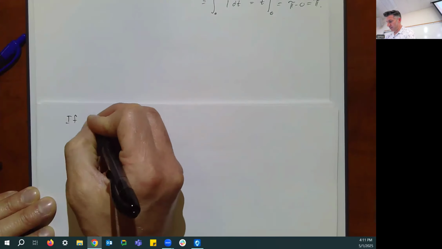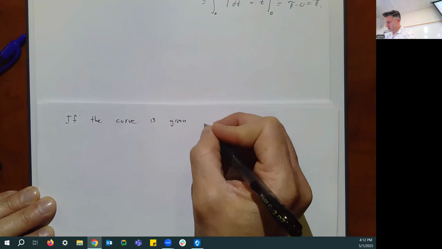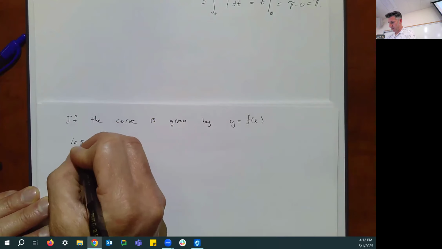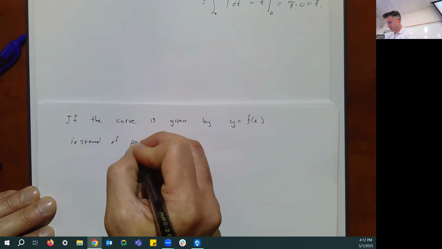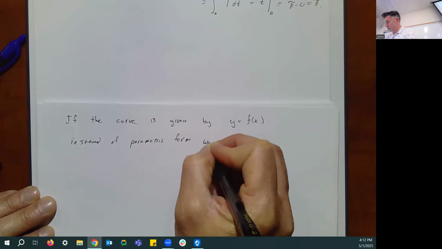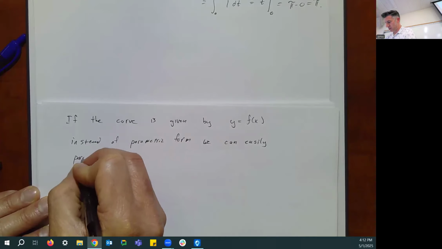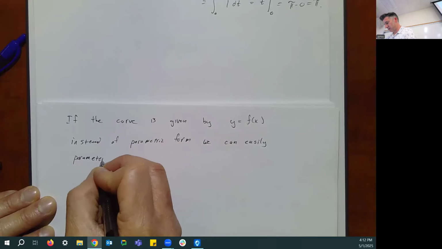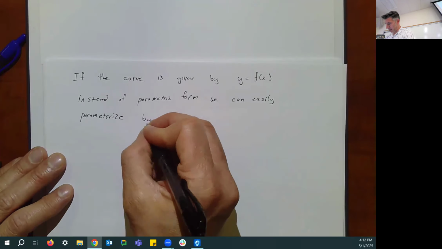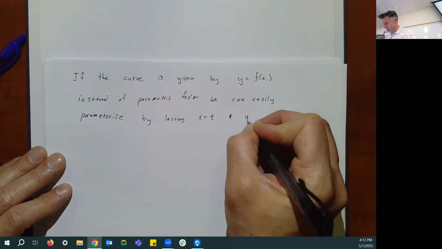If the curve is given by y as a function of x instead of a parametric form, we can easily parameterize in exactly the following way, by letting x equal t and y equal f of t.